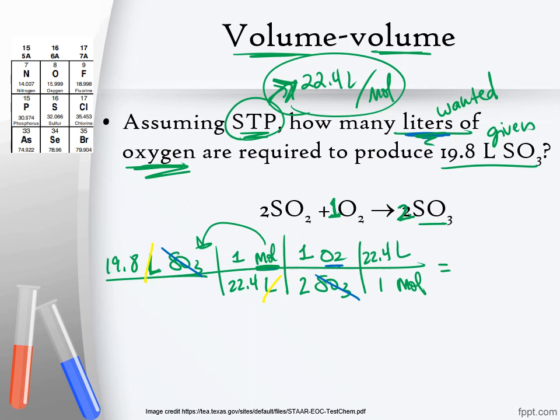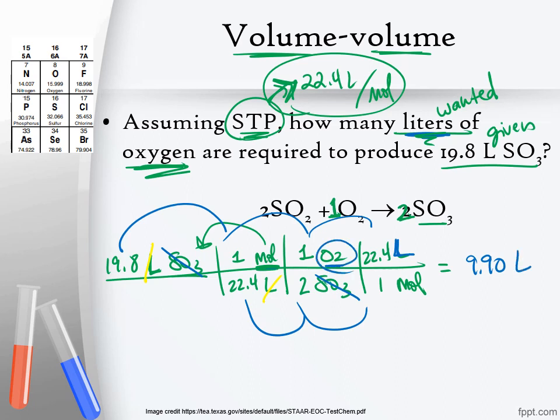Now, calculator-wise, 19.8 times 1 times 1 times 22.4 divided by 22.4 divided by 2 divided by 1. That gives us 9.9. Unit label, liters of oxygen.